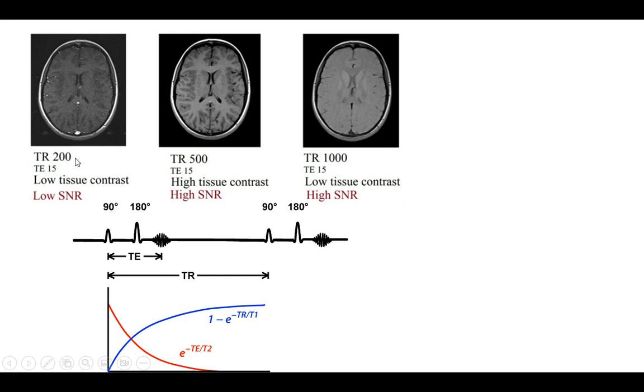So it turns out that if I set this TR, this is 15, I could set this at 200, but I won't get as high of a tissue contrast as if I set it to 500. This is near ideal for the timing of it, for that signal to damp away. If you wait too long, you actually start getting worse contrast again.